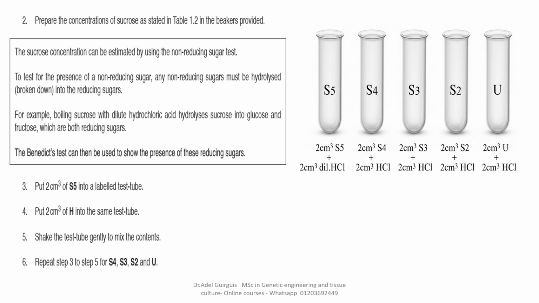Shake the content of each test tube. Just swing the test tube 2 or 3 times, no problem, gently to mix the contents. Repeat step 3 to step 5 for S4, S3, S2, and U.